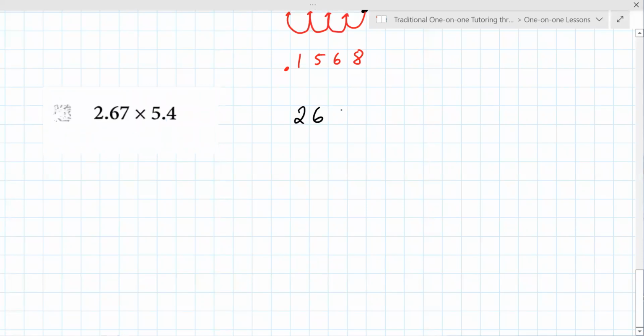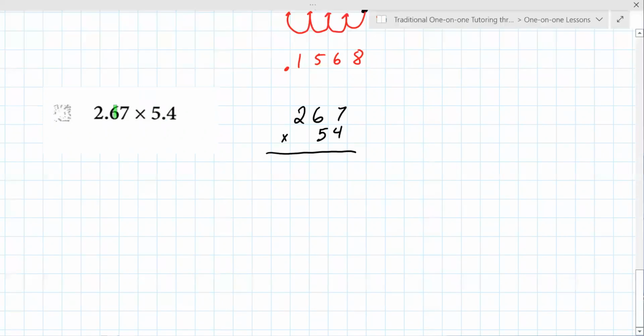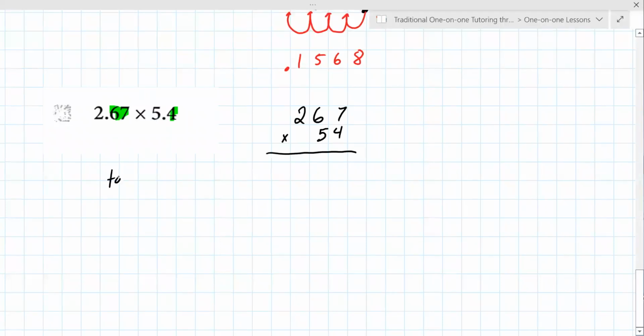You can just do 267 times 54, and then you still have to count the number of decimal places. So you got 2 and then 1, so that's a total of 3. But you go ahead and multiply it out the way you normally do. I'll let you try that, and then we'll move the decimal places at the end.